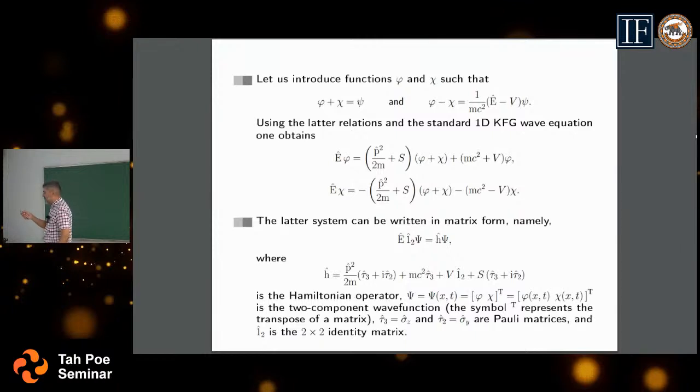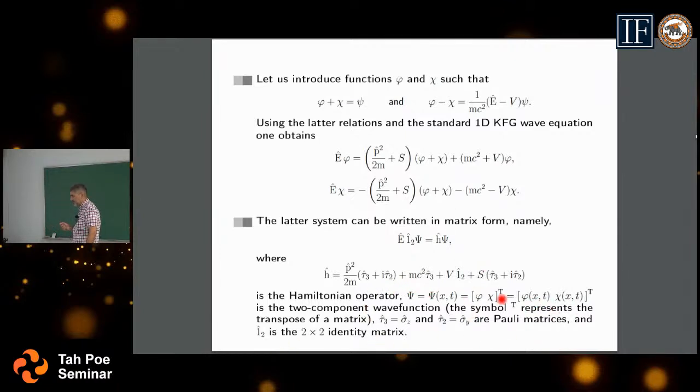I introduce here these two functions. Just putting this in the latter equation, the standard one, you obtain these two equations. These two equations are the Feshbach-Villars equations. If you want, they were able to write this with a Hamiltonian, the Hamiltonian to describe a particle with spin 0 in 3+1 dimensions.